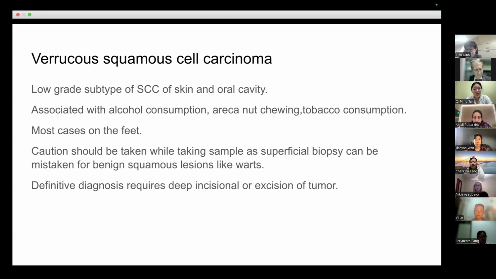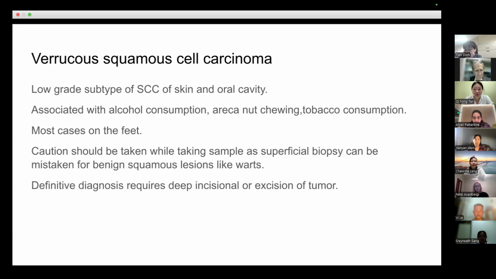Most of this depends on whether you have a good sample, if you can see the borders and the bottom of the lesion well. Once you see that, if you see the pushing border is a little too much for this lesion, then you can call it. In my practice, it mostly goes out as a suggestion, consistent with. I have never been able to go 100% for it, and the clinicians are usually really good about it.